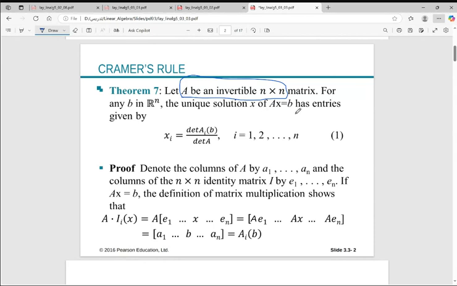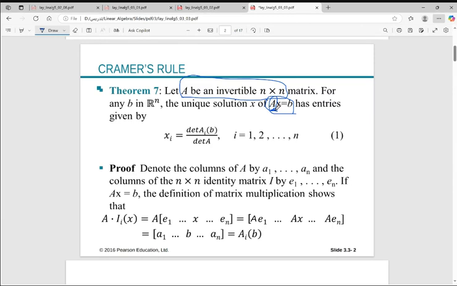We already know that Ax equals B, when A is invertible, always has a unique solution. We already had a theorem for this: when the coefficient matrix A of a system of linear equations is invertible, then Ax equals B has always a unique solution.